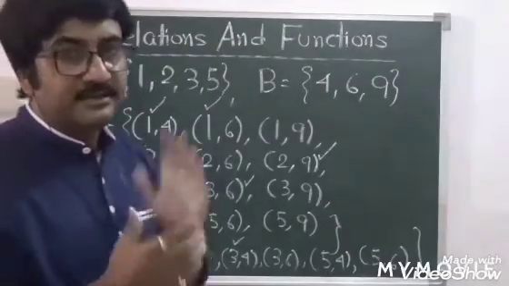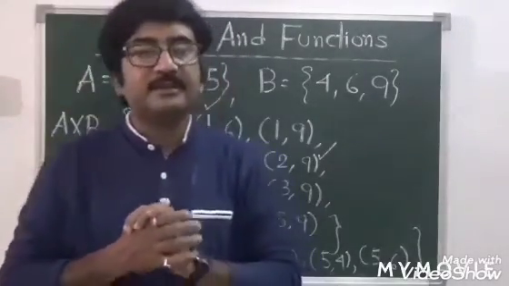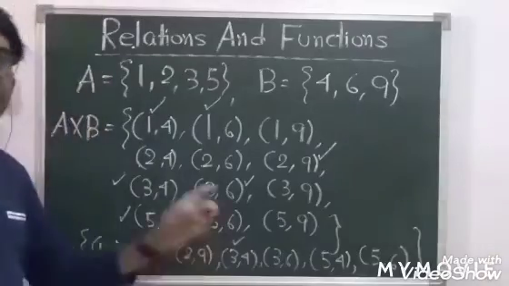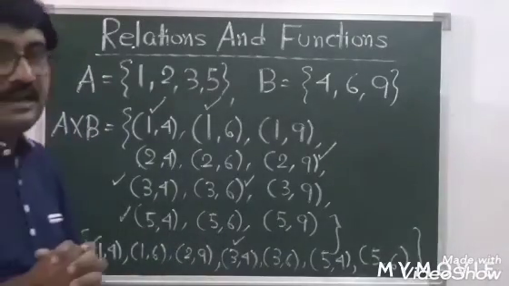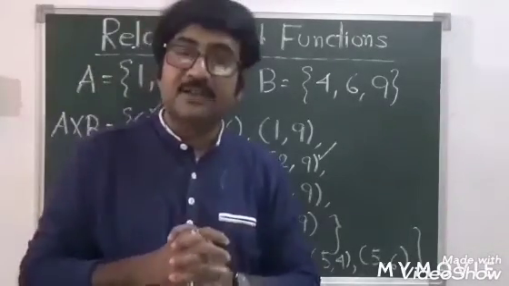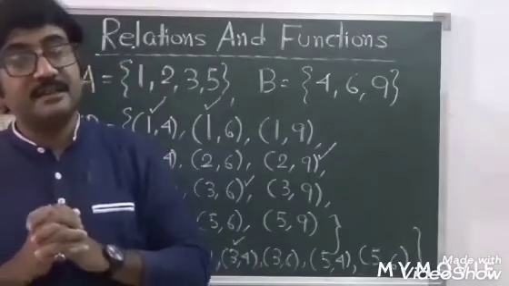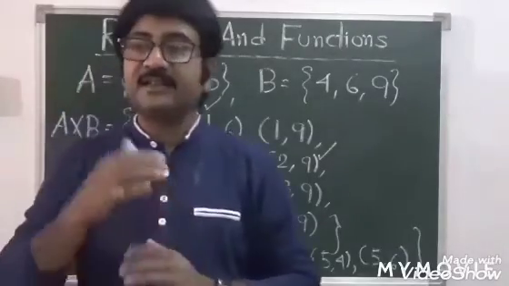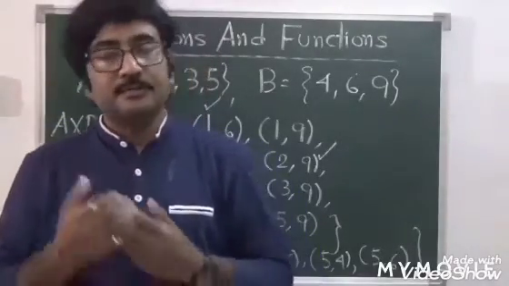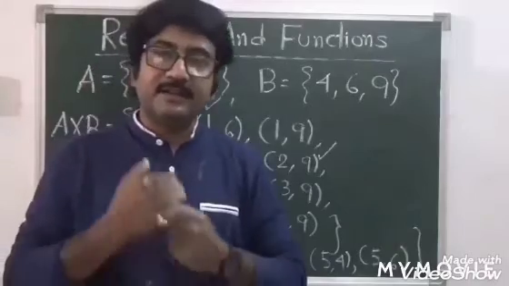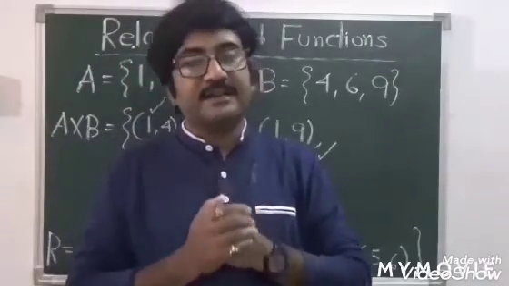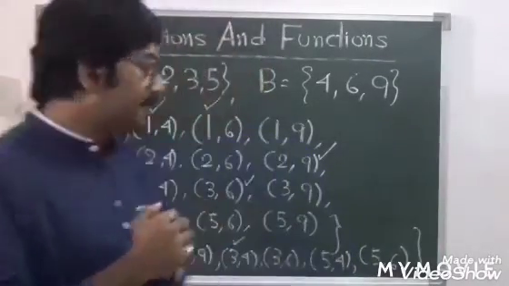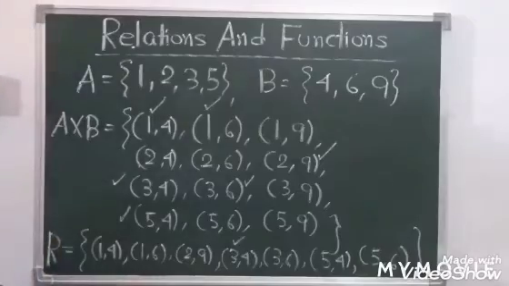These ordered pairs are part of the relation, and all other pairs are not part of the relation, as the difference is an even number. Now after writing the relation from the set builder form to the roster or the tabular form, it is very easy to identify the elements of the relation R.